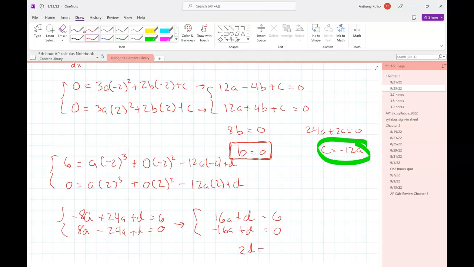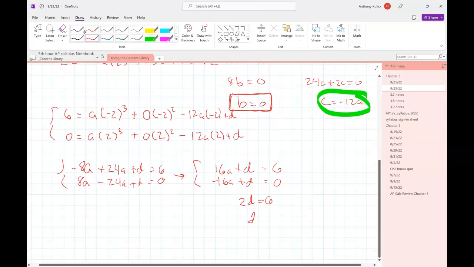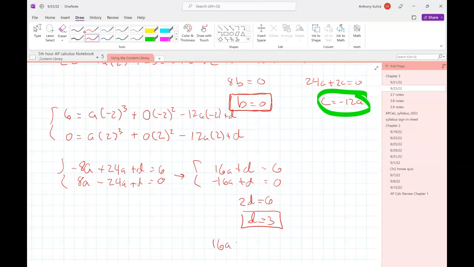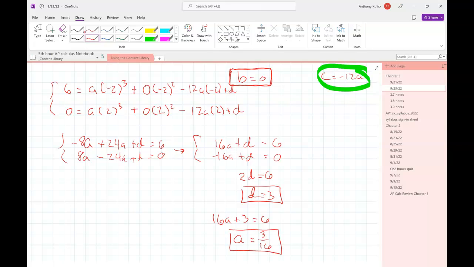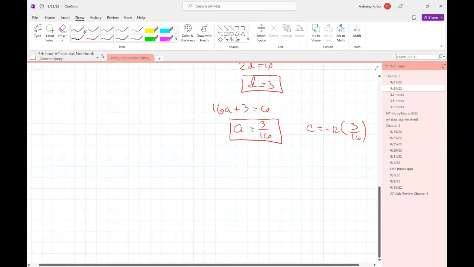So I get 2d is equal to 6, or d is equal to 3. And then if I plug that back through, I'd have 16a plus 3 is equal to 6. So a should be 3 over 16. And then I can say that c is negative 12 times a, 3 over 16, which reduces down to negative 9/4.